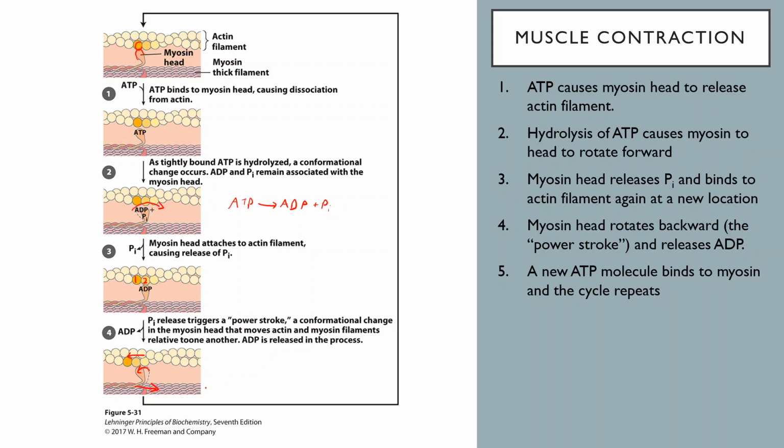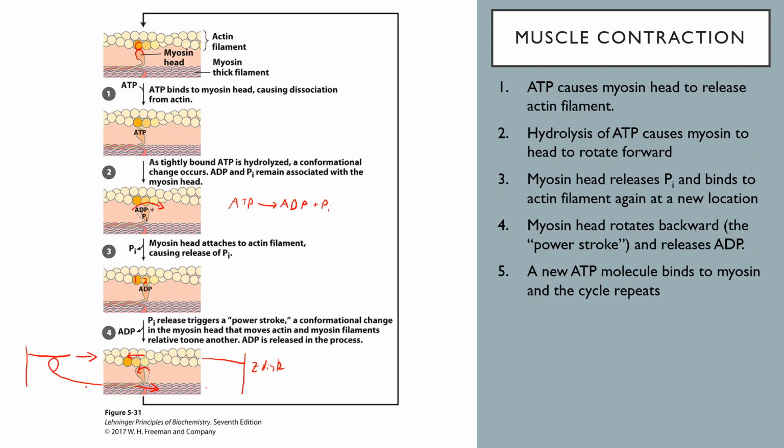So presumably somewhere down here, you would have your Z disc. And then down at the other end, you would have another Z disc, with another set of thin filaments attached to it. And then this myosin head would be attached to it at that end, and it's doing the same thing in the opposite direction.